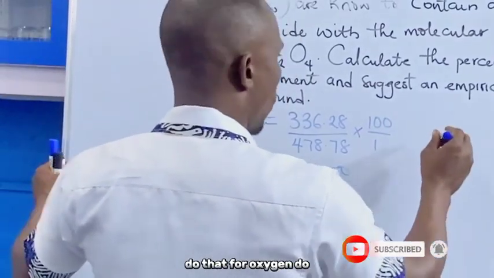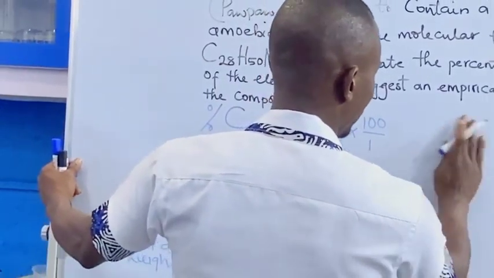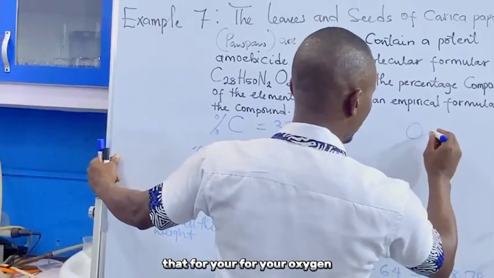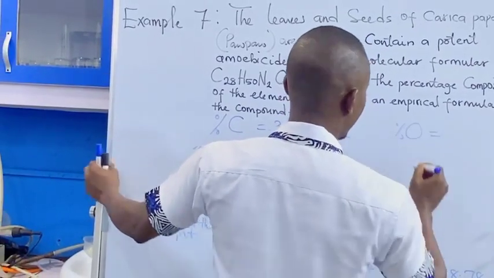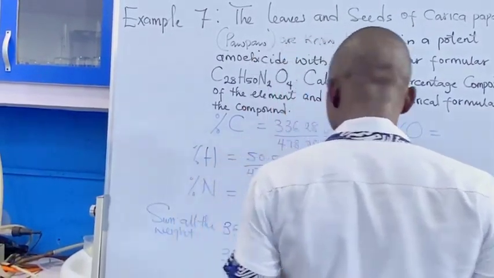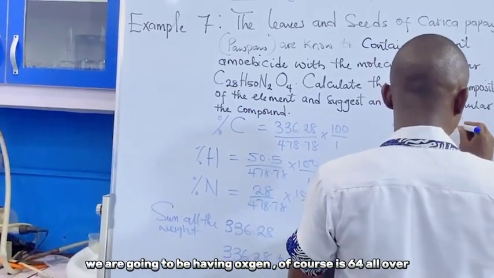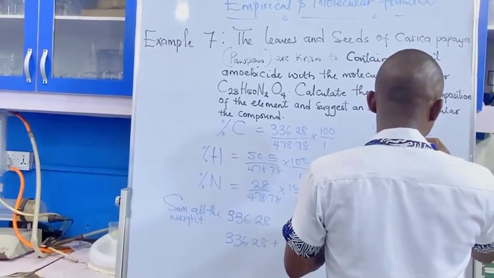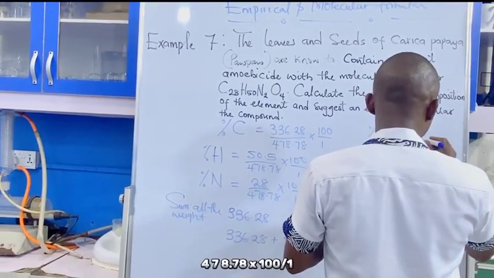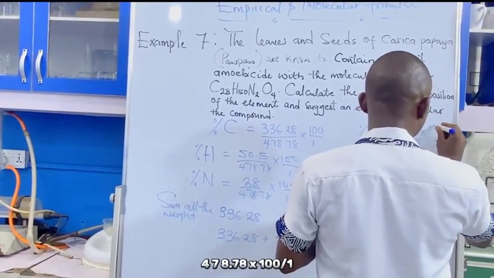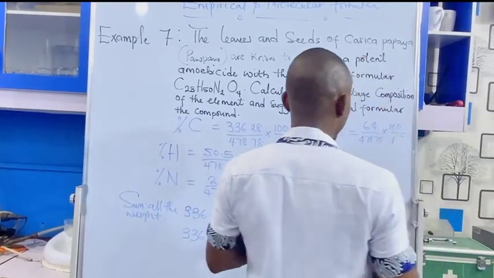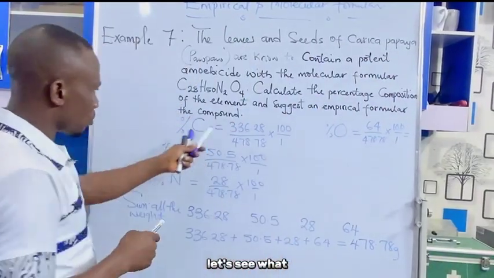Do that for oxygen. You're going to be having oxygen, of course, as 64 all over 478.78 times 100. So let's see what we get there.